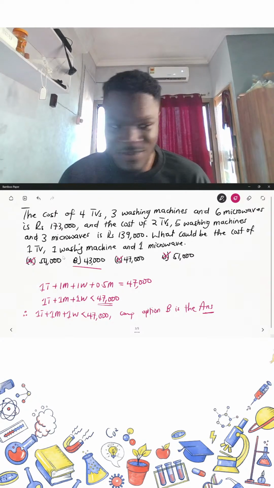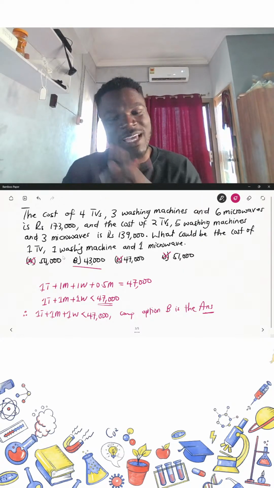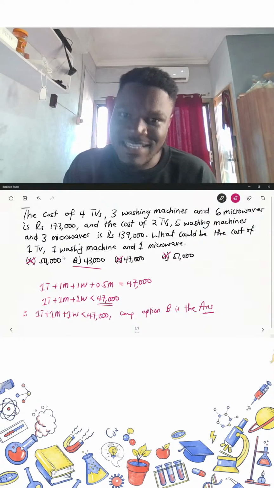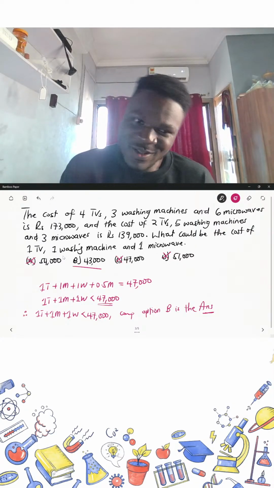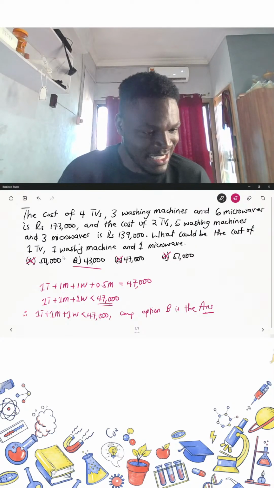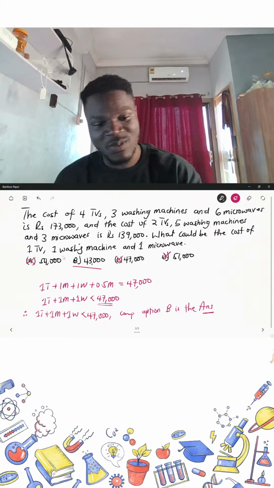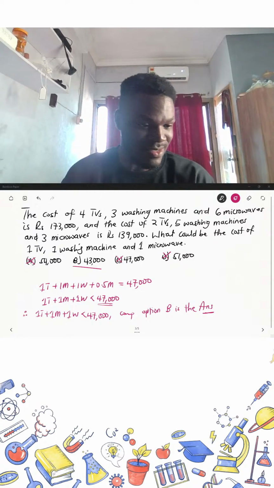Because you try to find the value of T, the value of M, the value of W, put them together and add to get the exact answer, but you end up solving the whole day. It's a very, very tricky question. So yes, those are the assumptions and things we have to do to get the answer. You can see that it's a lot.